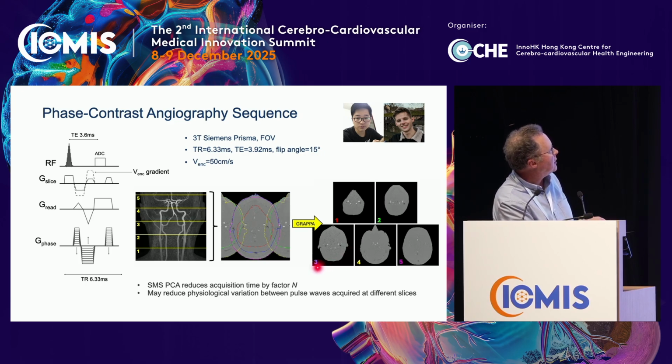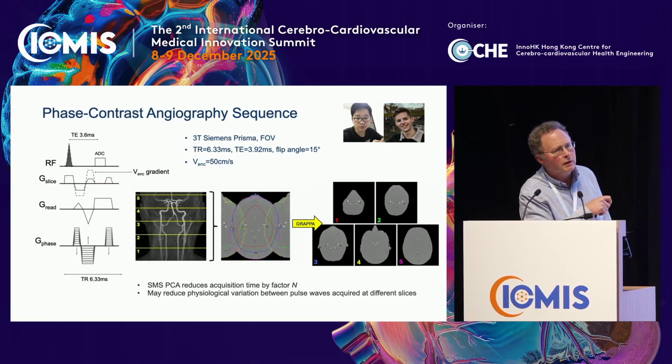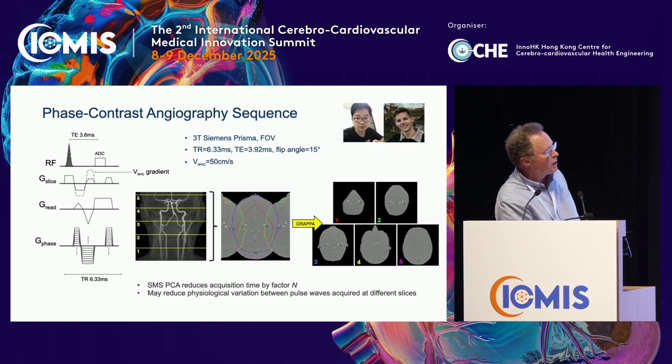So the velocity encoding gradients are shown here in dotted lines, and that induces a phase shift into the moving spins. We've combined that with multiband excitation and GRAPPA reconstruction, which allows us to get this data quickly in a single session and then separate the slices and be able to measure time difference between them.